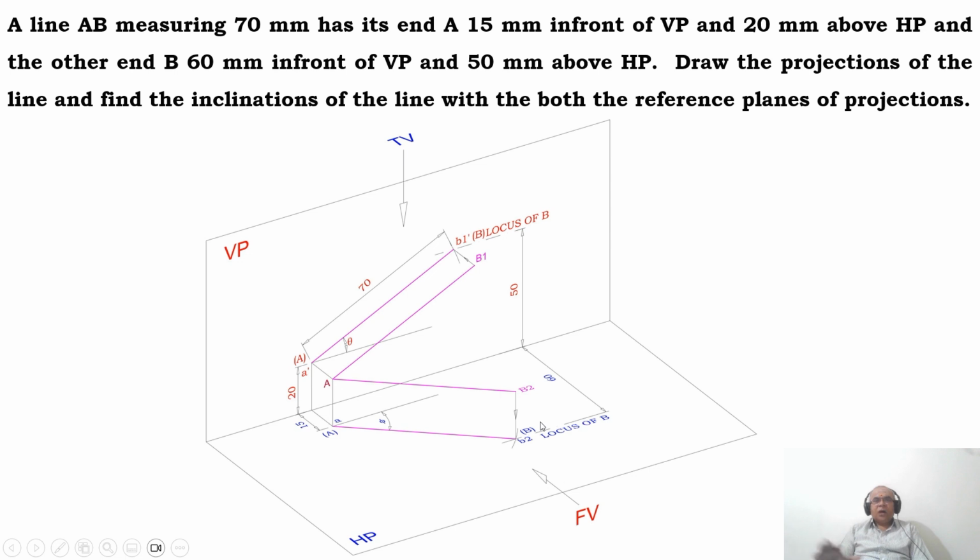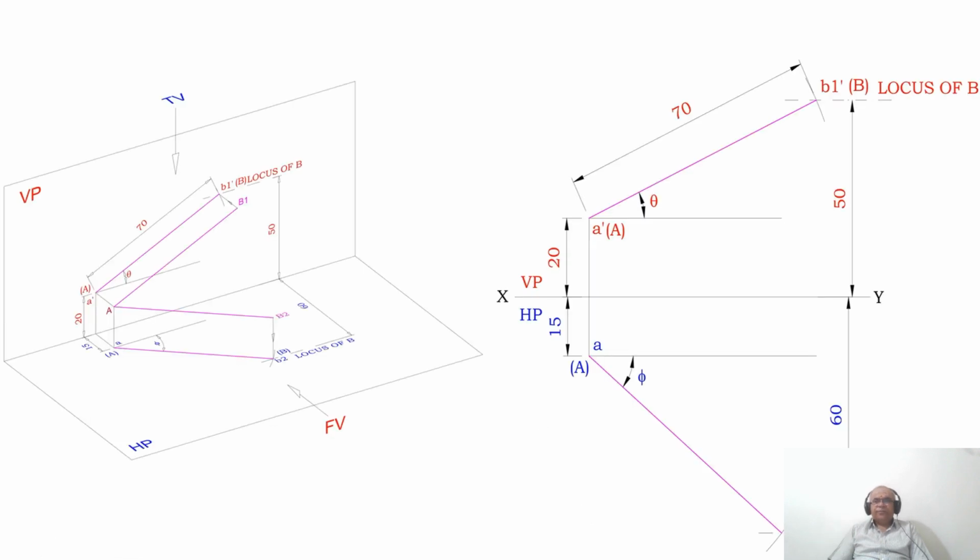Correspondingly, the inclination theta with respect to HP and phi with respect to VP, you got those inclinations. Now how to write this in an orthographic view? So how to draw that? First we are going to draw the XY line and you mark VP and HP. As he has given the distance above HP as 20 mm, from the XY line you measure 20 mm and draw a horizontal line. Similarly, from the XY line you measure 15 mm in front of VP.